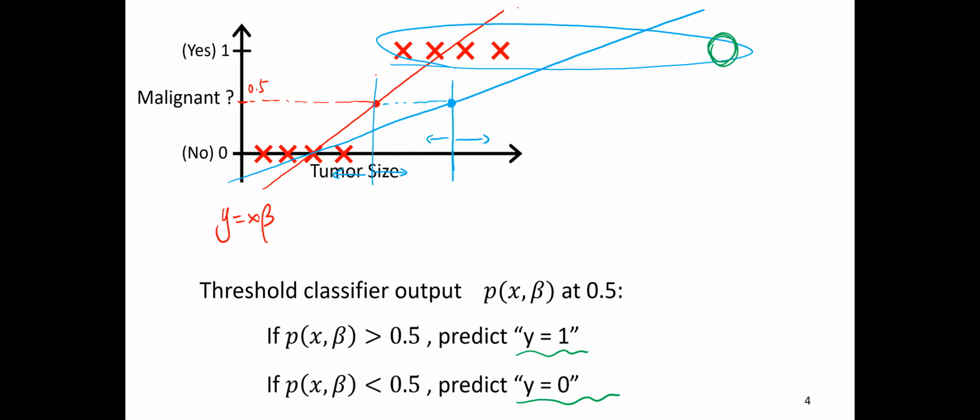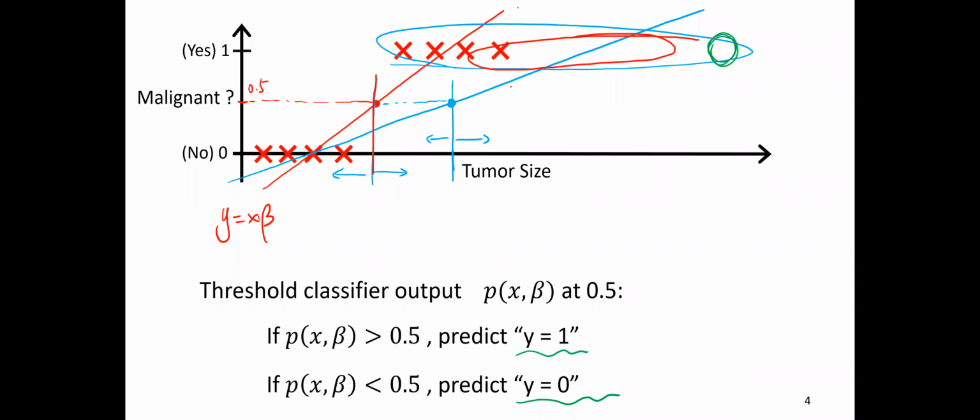However, if we have more data points, for example, the data point is right here, and then you have more data points here, and you fit a linear regression model like this, then you will have a cutoff right here.